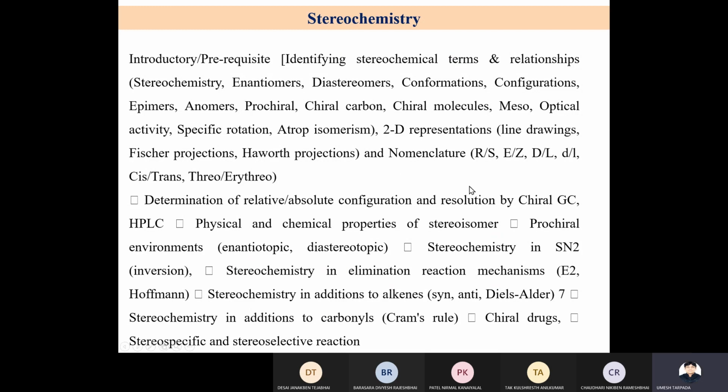Now see, what are the topics which we are going to cover in this unit? One of the important topics is the different terms. See, this is the syllabus. You look at the syllabus carefully, then we will start.